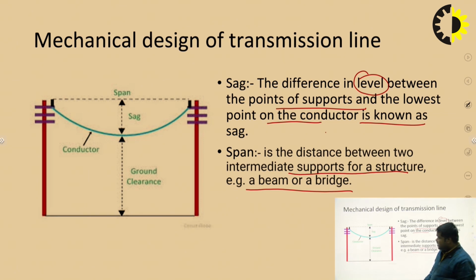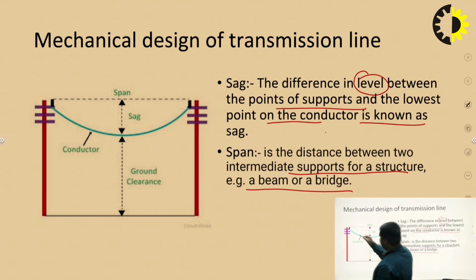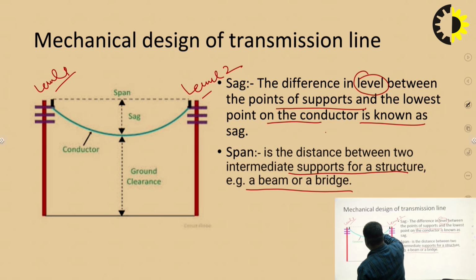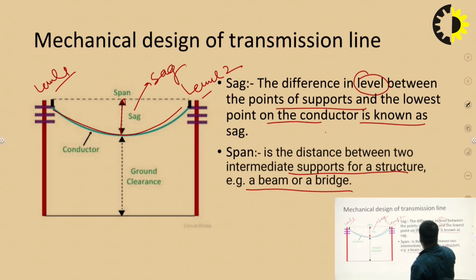If we see the diagram, this is level 1 and this is level 2. So the sag, this is the sag. Sag is the difference in level between the points of support.